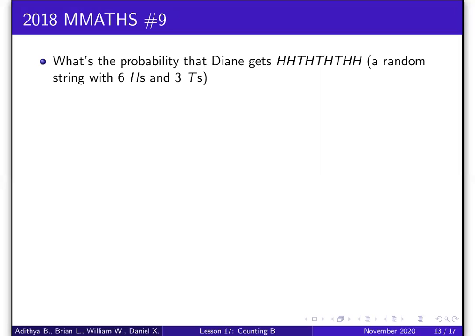So to compute the probability of this string, what we do is we consider the 9 coins one by one. The probability that the first coin is heads is 1/1. The probability that the next coin is heads is still 1/1, then 1/1 again. But then on the fourth coin, the probability is 2/3 to get a heads, since there were 3 coins before and 2 of them were heads.